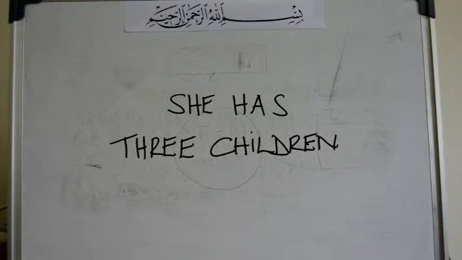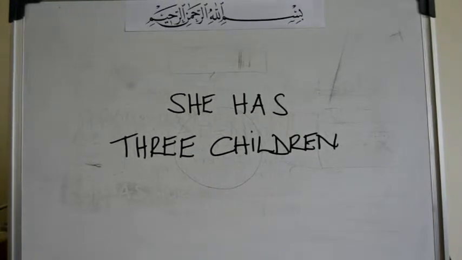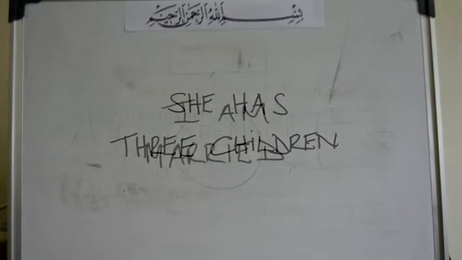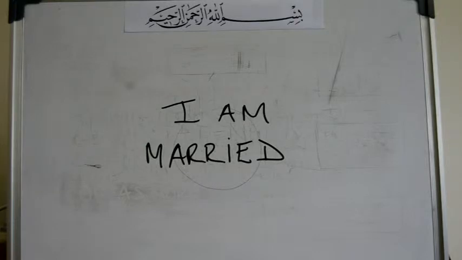This means that she is the mother of 3 children, and that remains permanent until something else changes that. Like, for instance, she has a 4th child. I am married. The speaker is married and will remain so unless something happens to change that situation.